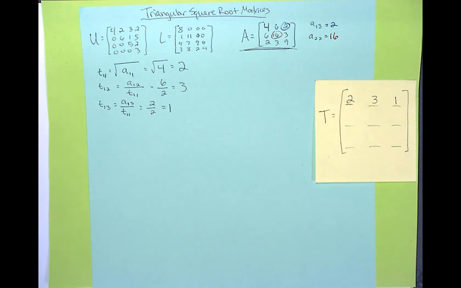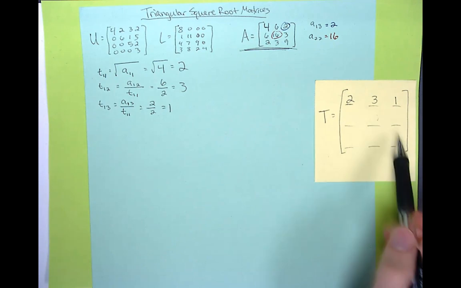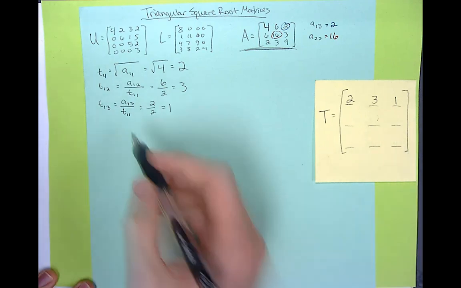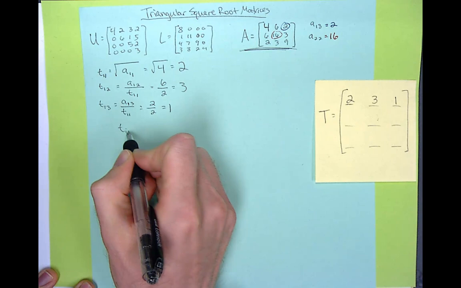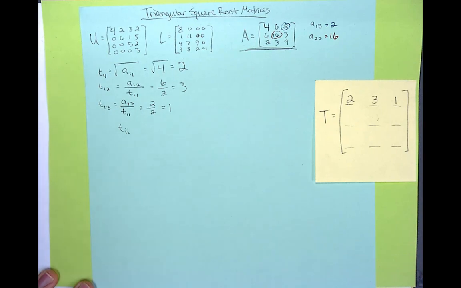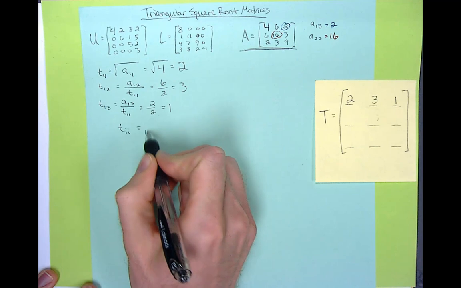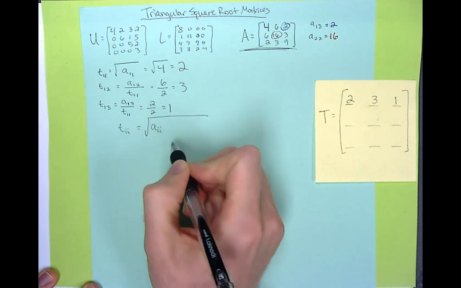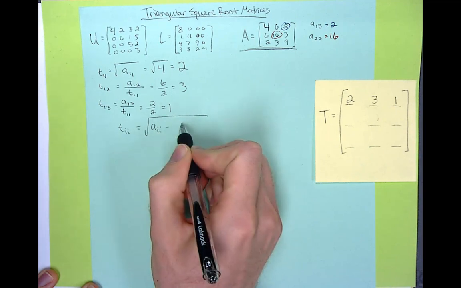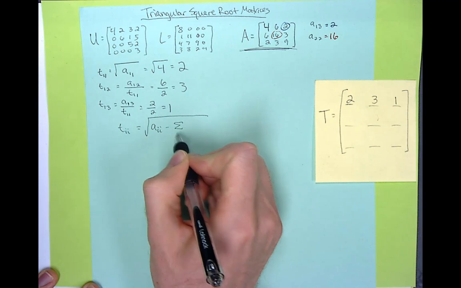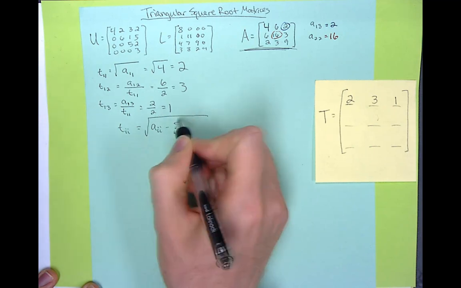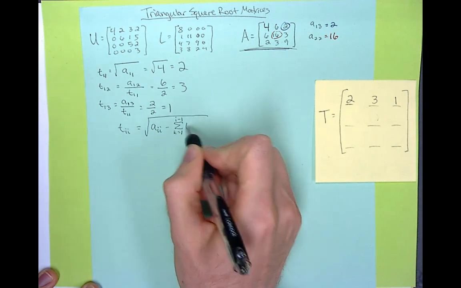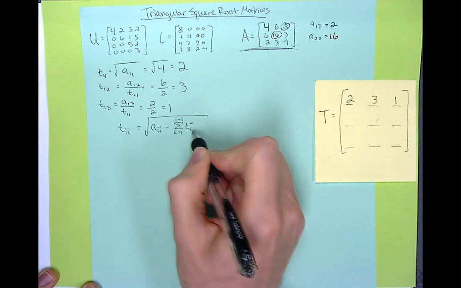The remaining diagonal elements, T22 and T33, are found using this formula. We have Tii equals the square root of A subscript ii minus the summation as k goes from 1 to i minus 1 of T squared, that's T subscript ki.